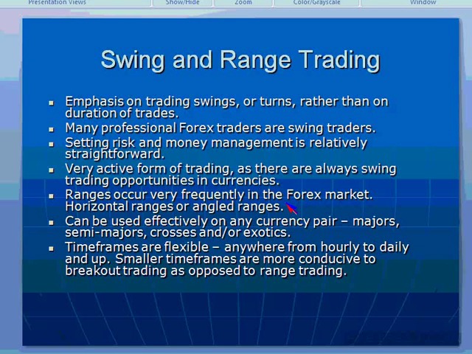When I refer to semi-majors, I'm talking primarily about the Australian dollar, New Zealand dollar and Canadian dollar against the US dollar. The majors are euro dollar, pound dollar, dollar yen, dollar Swiss. It can also be used effectively on the crosses and even the exotics, although I tend to stay away from exotic pairs because of the lack of liquidity and the often wide spreads.